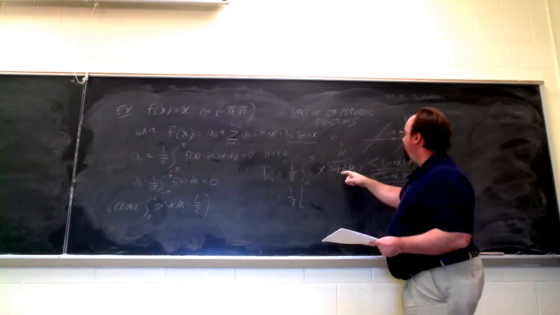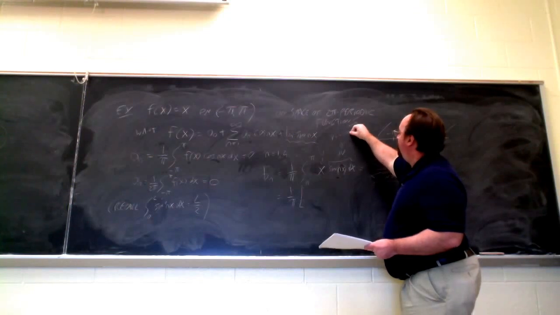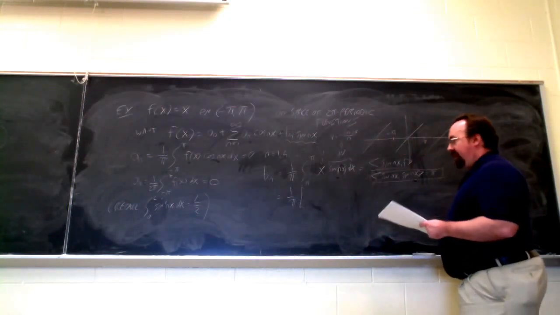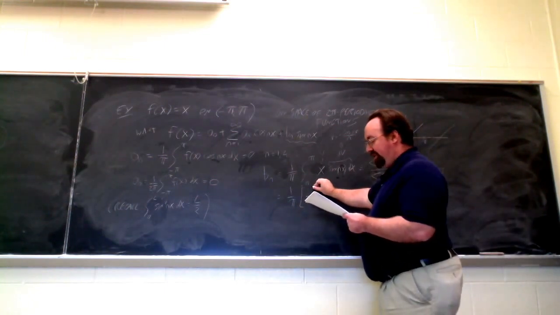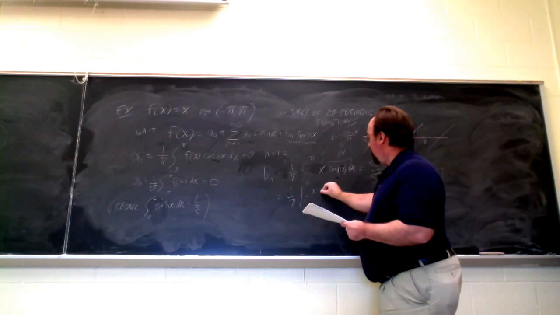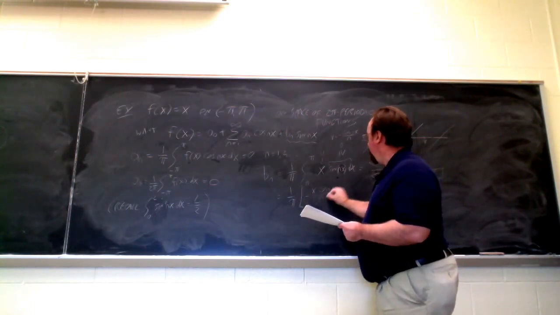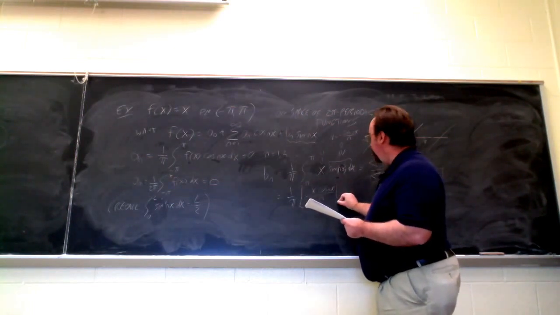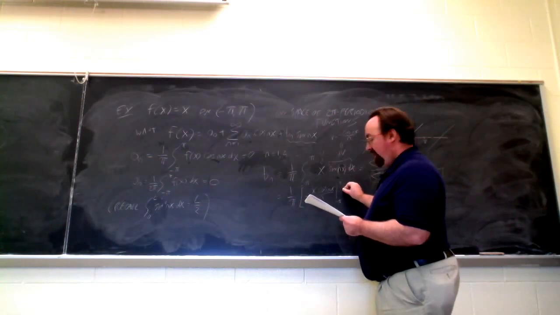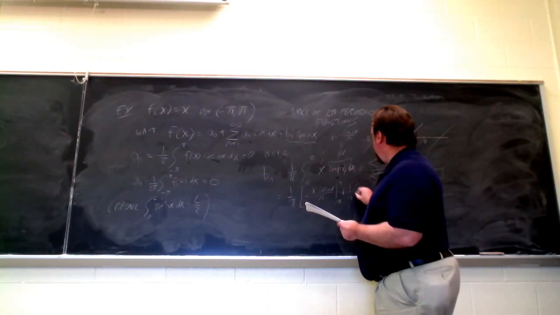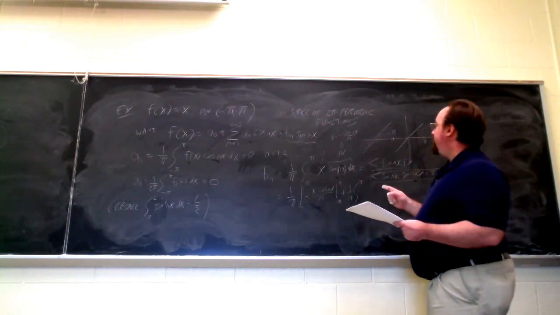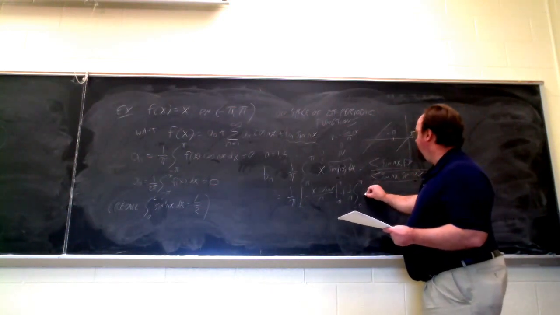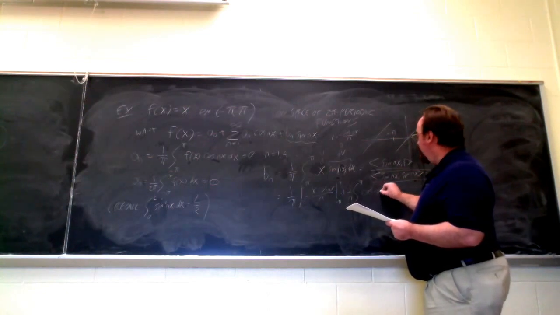So v is going to be minus cosine nx over n. So what you're going to get is minus x cosine nx over n, with limits minus pi and pi, plus 1 over n integral from minus pi to pi of v du. So we're going to get cosine nx.